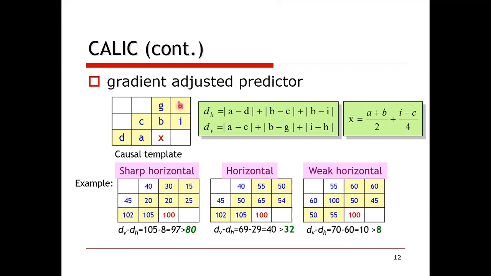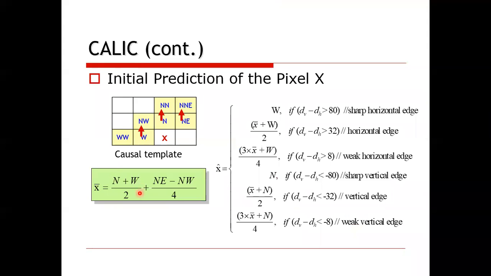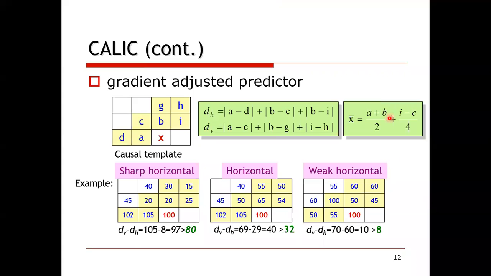So in this way we will find the value of ds and dv. What does x bar become? X bar becomes n plus w divided by 2 plus ne minus nw divided by 4, that is a plus b by 2 plus I minus c by 4.